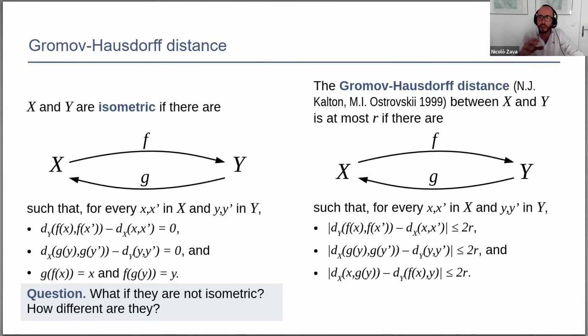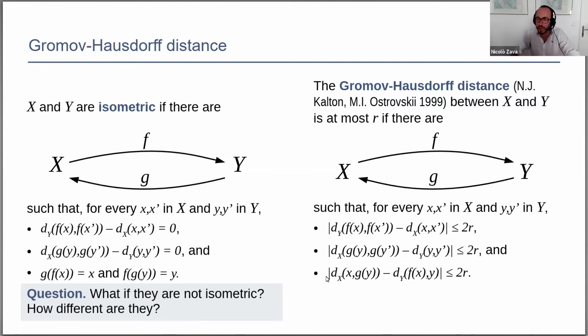So again, the Gromov-Hausdorff distance between X and Y is at most R if you can construct two maps, not necessarily continuous anymore, like random maps, such that they may not preserve precisely the distances between points, but they do it up to 2R, where R is the bound for the Gromov-Hausdorff distance, both for f and for g.